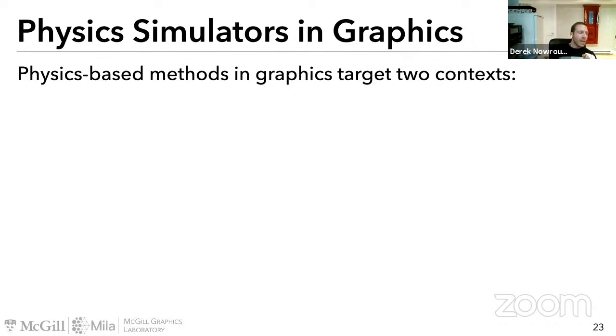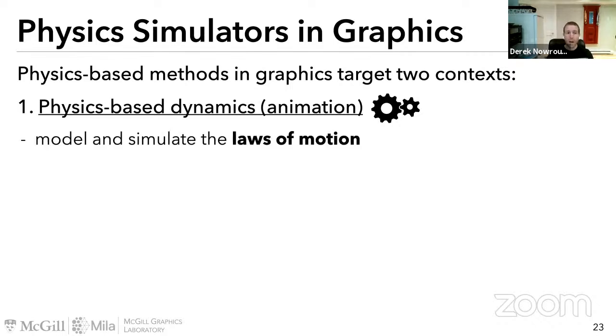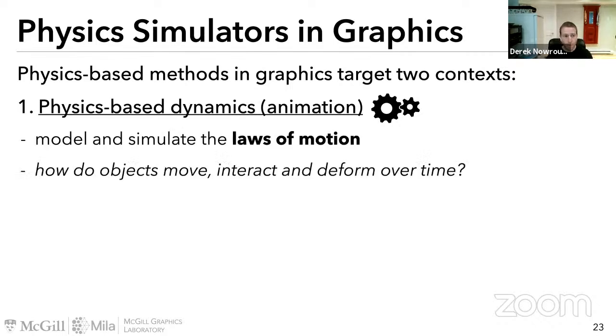To talk about what a differentiable simulator is, first we need to talk about simulation in graphics. Physics-based methods in graphics target two contexts, as I mentioned earlier. There's physics-based dynamics or animation, where we model and simulate the laws of motion, answering questions of the form: how do objects move, interact, and deform over time?